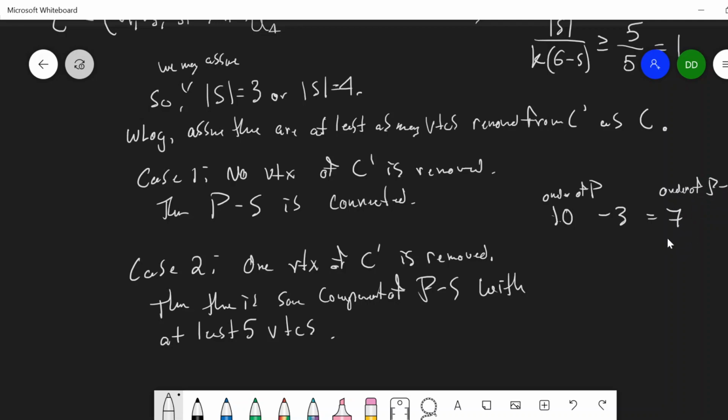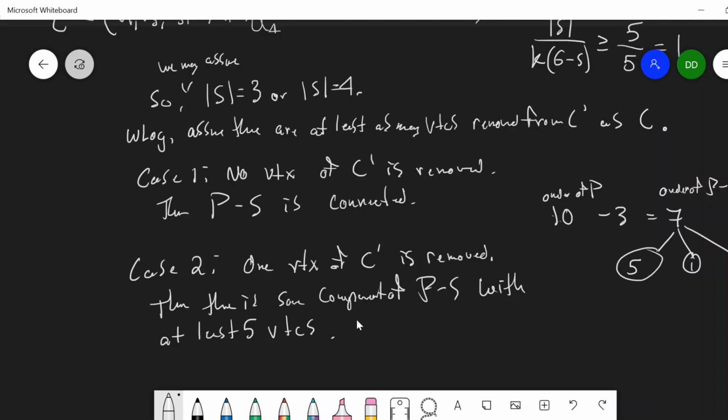And then we would have a component with at most 5 vertices in it, and then at most we would have 2 other components. So maybe it goes 1 and 1, or maybe we can't even do that, but it doesn't matter. We would have at most 3 components. If we removed 4 vertices, this would be 6, and then we would have at most 2 components.